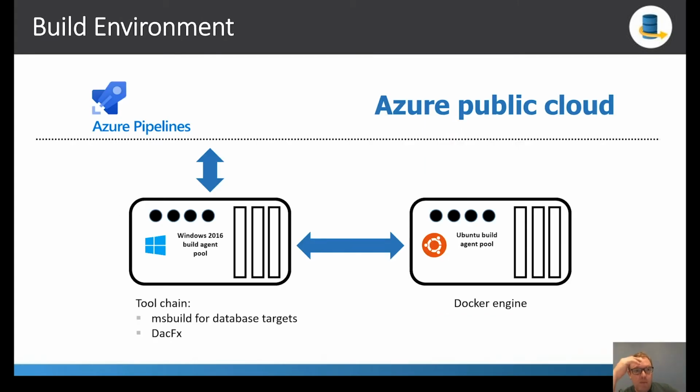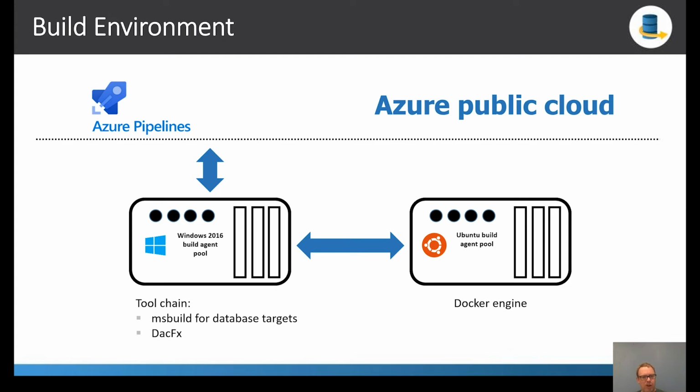Okay, our build environment is going to look like this. I'm going to use Azure DevOps in the Azure Public Cloud. Alternatively, you could use Azure DevOps Server. Irrespective of what you do, you have to use build agents. These can be self-hosted, meaning you run them on your own infrastructure, or hosted, which means you run them on someone else's infrastructure, such as the Azure Public Cloud.